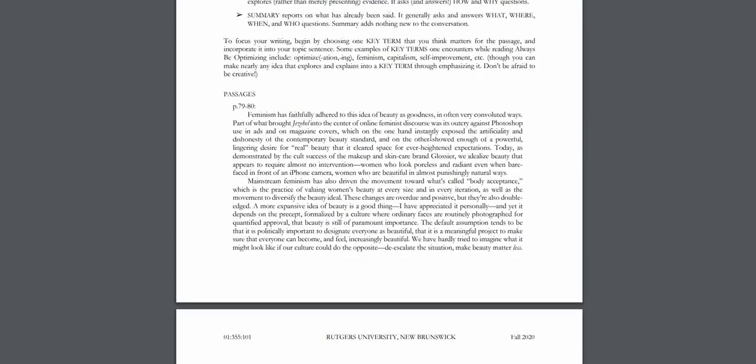To focus your writing, begin by choosing one key term you think matters and incorporate it into your topic sentence. So every paragraph begins with a topic sentence where you establish the point of this little bit of writing, this paragraph that you're going to do.